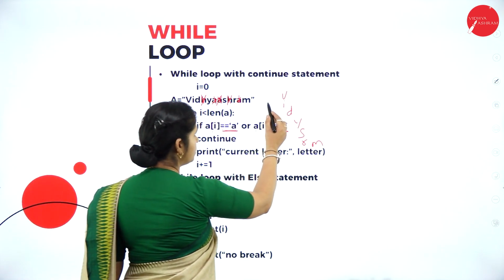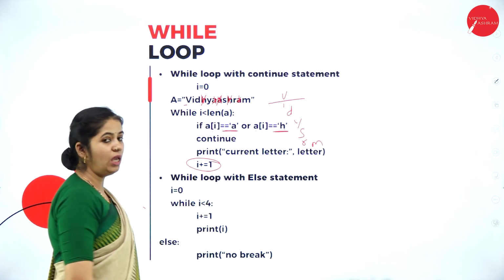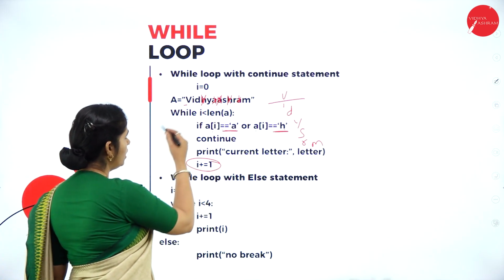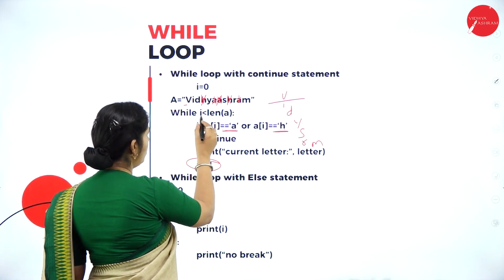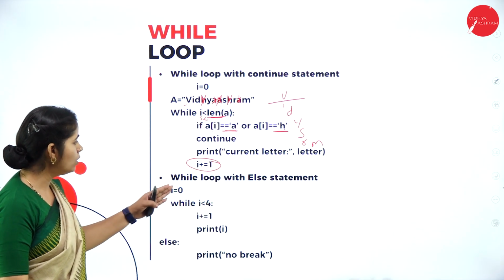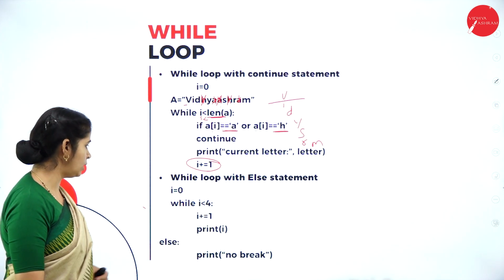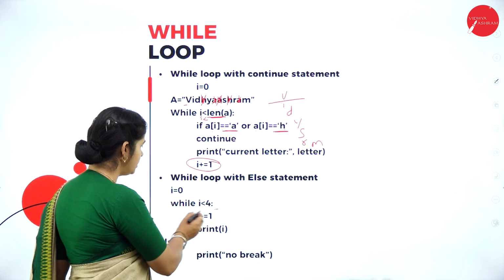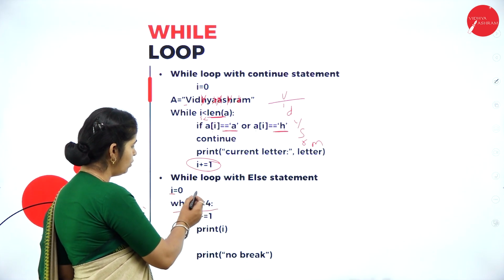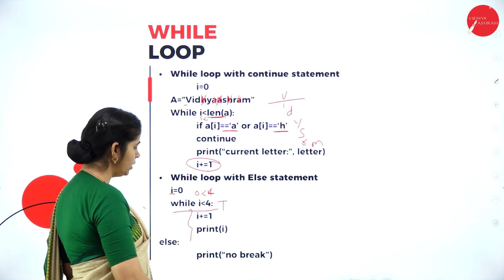Each time when we are displaying one character of the string, the value of I will be incremented, and now I am checking the value of I with the length of the string. Then the while loop with the else statement, that is with the conditional statement. If I is less than 4, that is I value 0, 0 is less than 4, the condition is true, so it executes this.